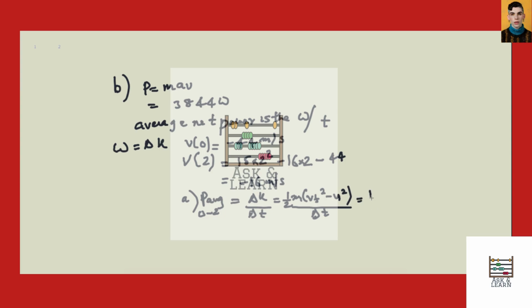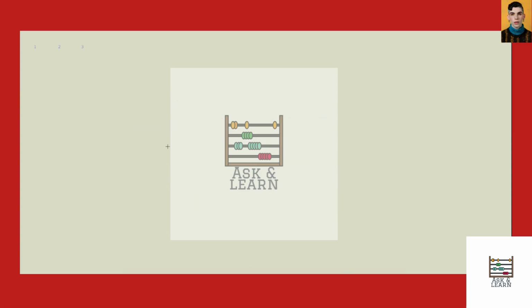That should equal half times 0.28 times negative 16 squared minus negative 44 squared, divided by 2. If you solve that, you will get negative 120 watts. So that is the average power between 0 and 2 seconds.